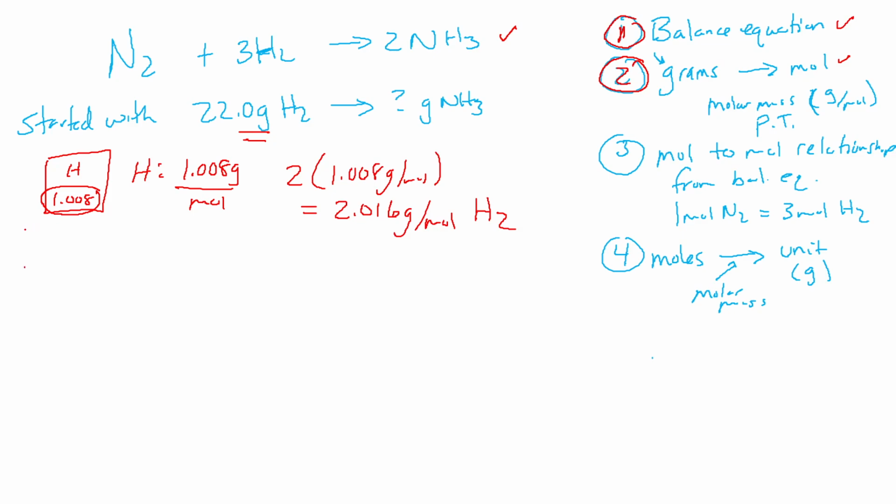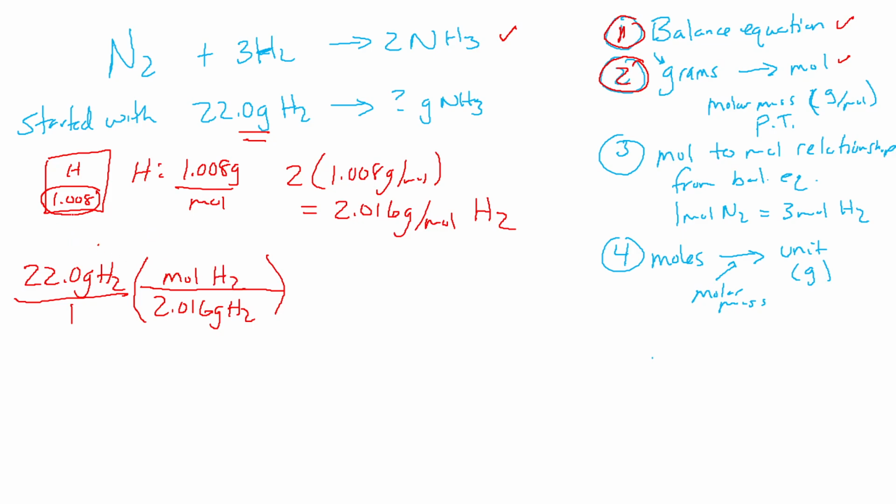So we'll start with what was given to us, 22.0 grams of H2. Again, dimensional analysis is the way to go. So we'll put it over 1. That tells us grams are up on top. So to get rid of grams, we're going to go to the bottom here, the molar mass. Remember, the number always stays with the grams part, and it's always per 1 mole. Here we're going to multiply and again divide.